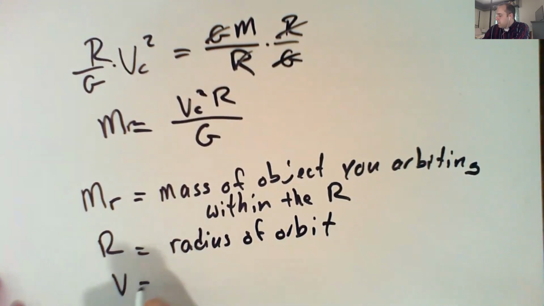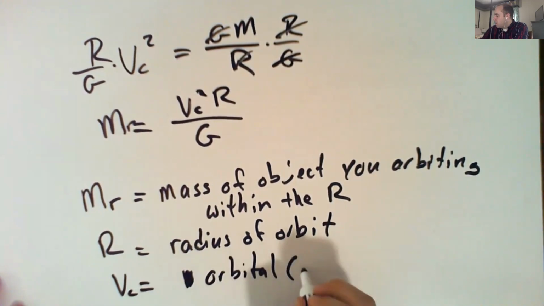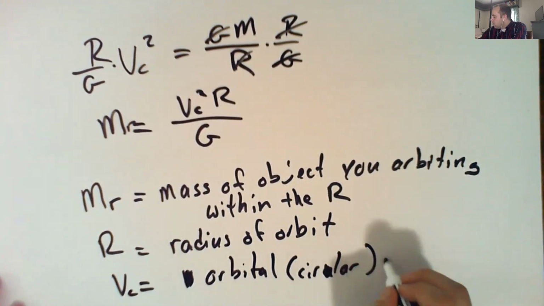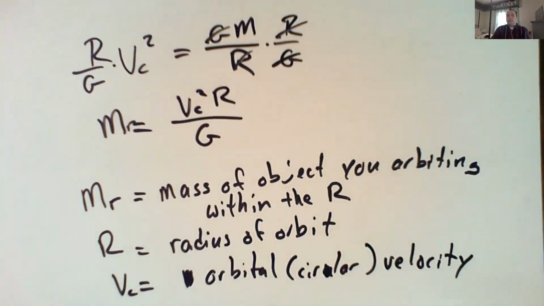And v is the orbital speed. We could call that v_c, the orbital or circular velocity.